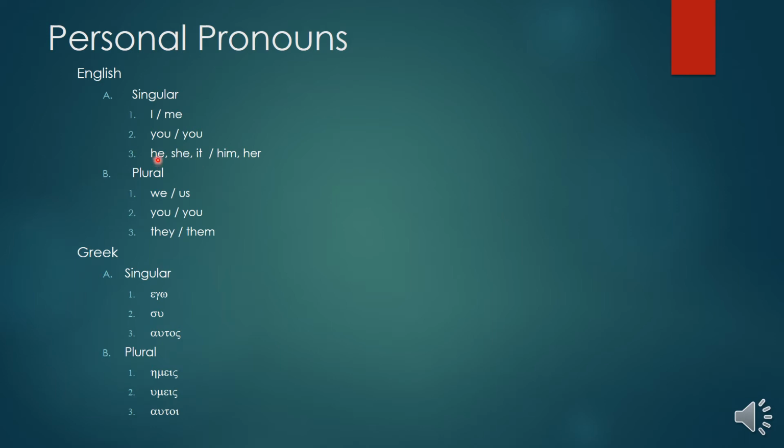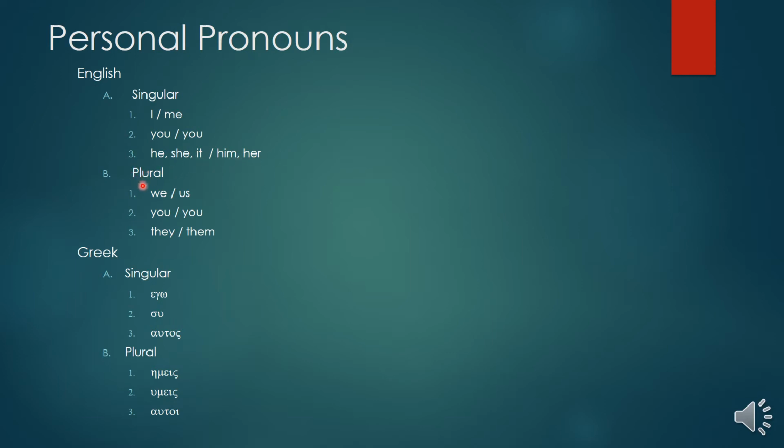He ate the bear, or the bear ate, object, him. She ate the bear. She is the subject. The bear ate her. Her is the object in that sentence. It ate the bear, or the bear ate it, same thing.